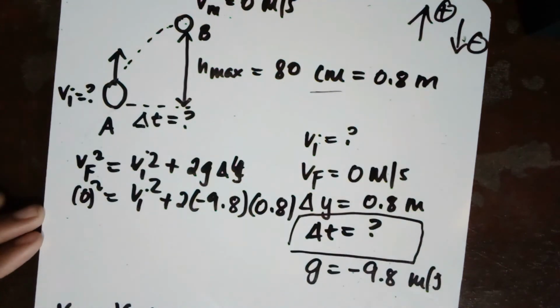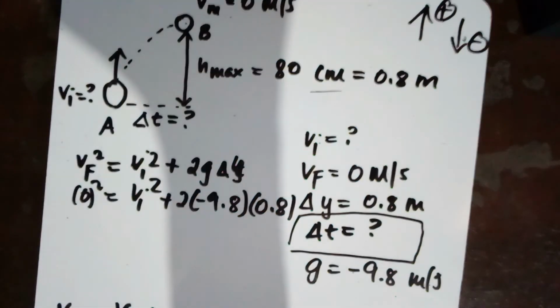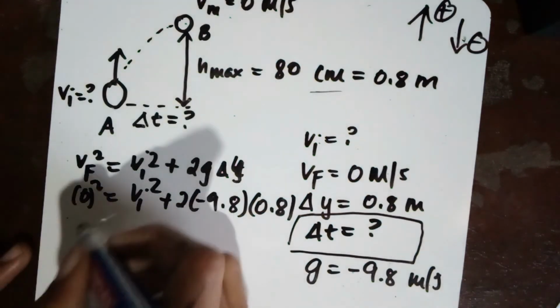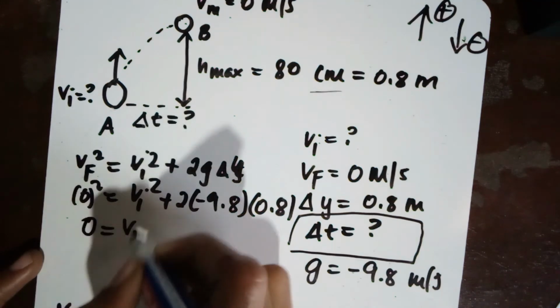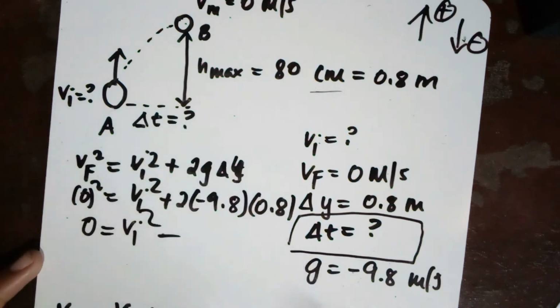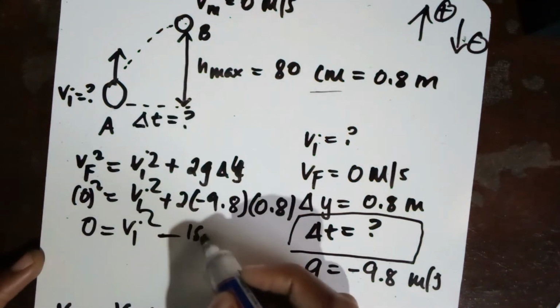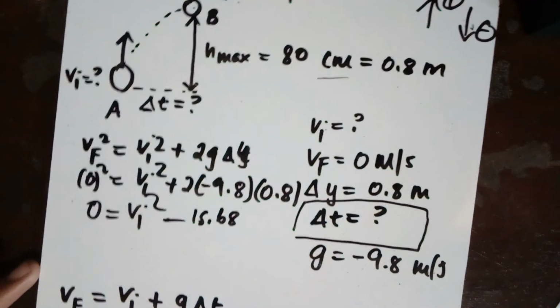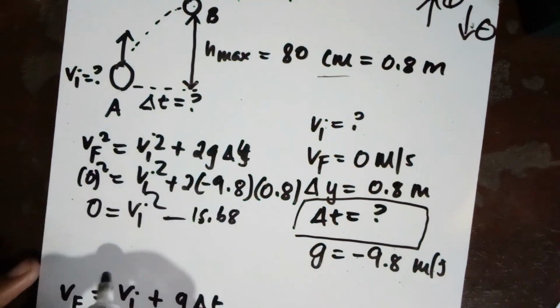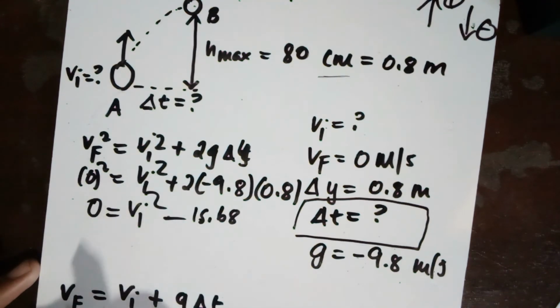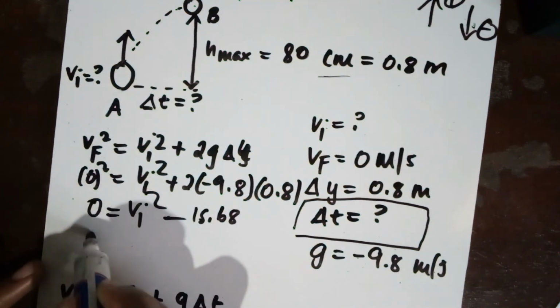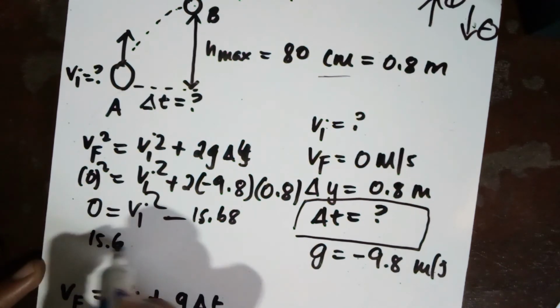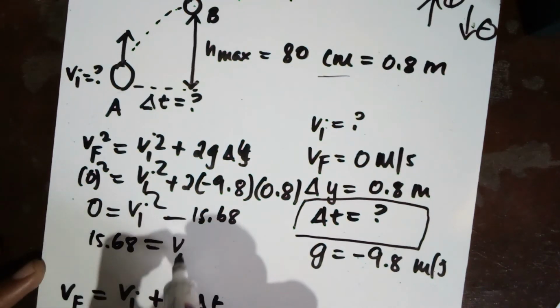All right, and then you can just put this whole thing in your calculator and see the answer that you get. So 0 squared is just 0, and then we have Vi squared minus 15.68. You can check the answer with me, and then it's just a matter of taking this to the other side. So it becomes 15.68, which equals Vi squared.